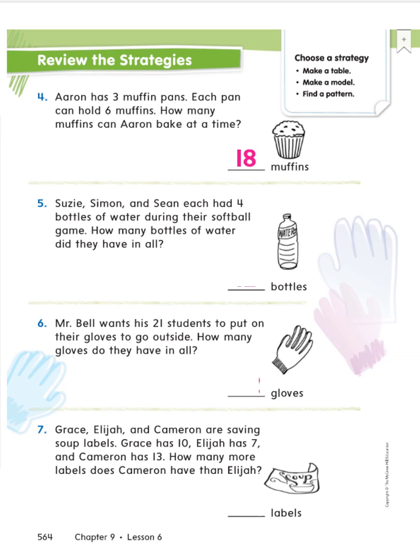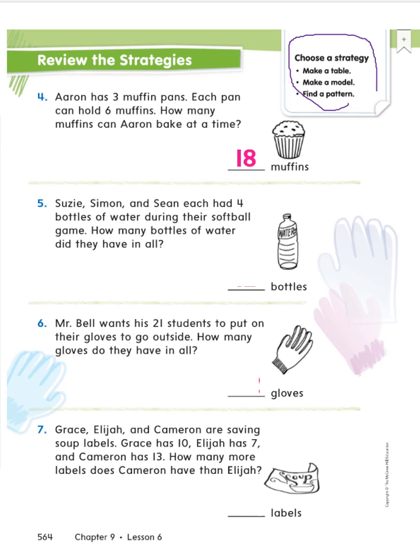Number 5. Susie, Simon, and Sean each had 4 bottles of water during their softball game. How many bottles of water did they have in all? So each person has 4 bottles. Remember what our strategy is.